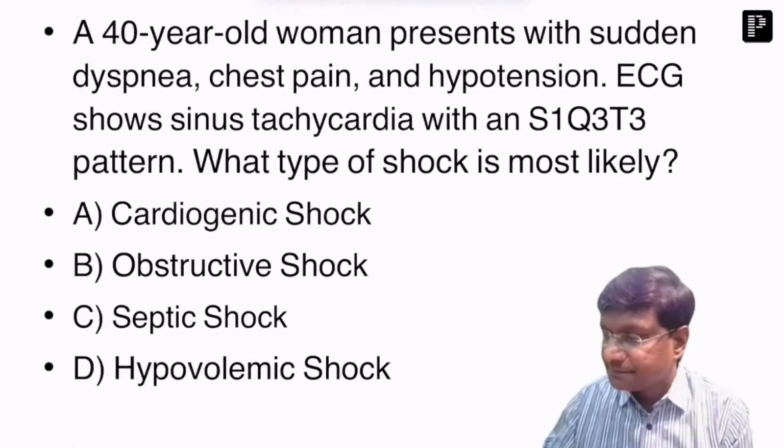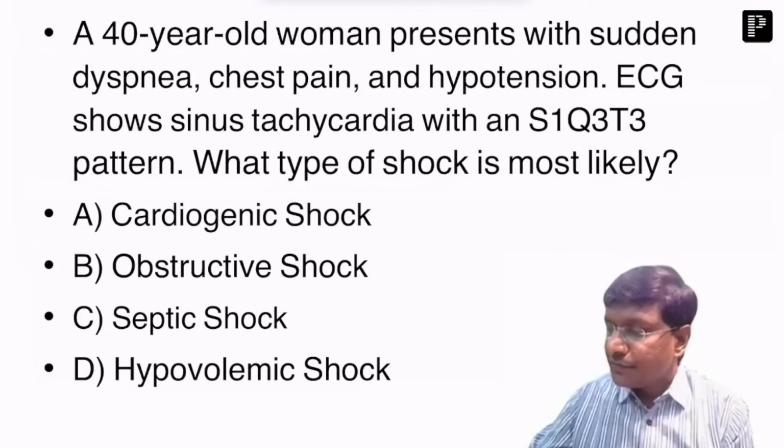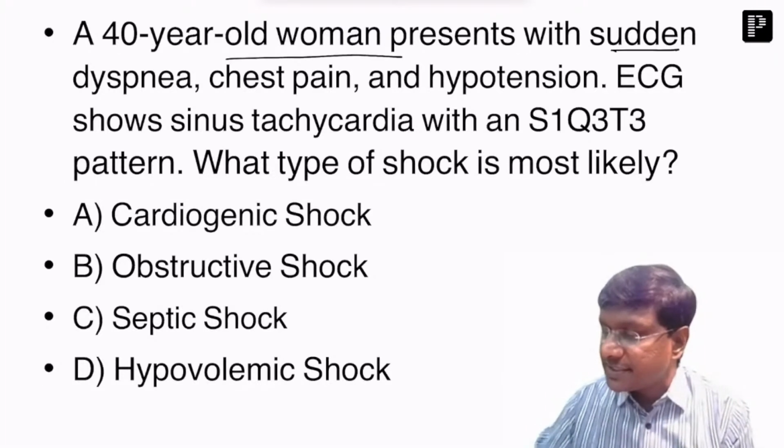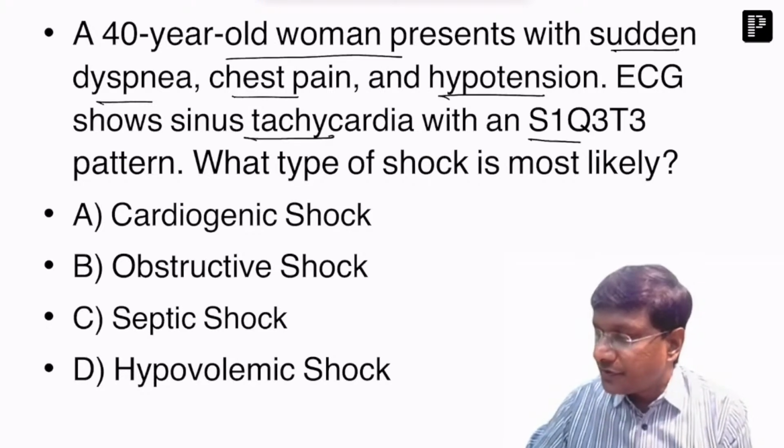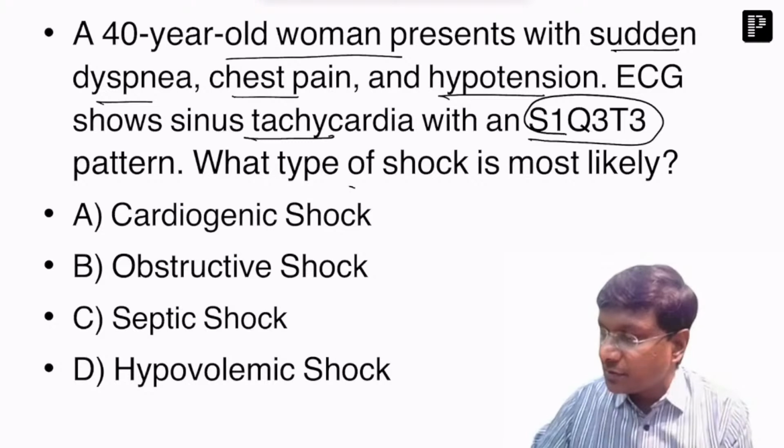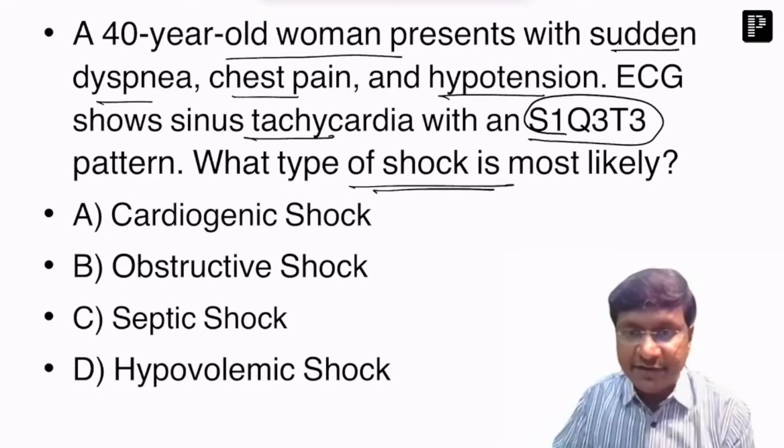Next. Okay. So we have a 40-year-old woman presented with sudden onset dyspnea, chest pain, and hypotension. ECG shows sinus tachycardia with an S1Q3T3 pattern. What type of shock is this patient having?